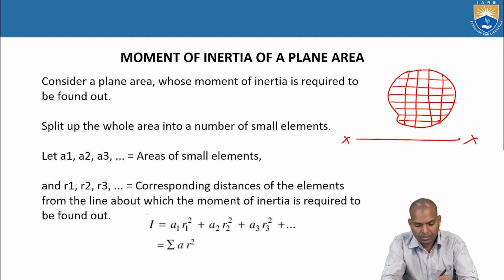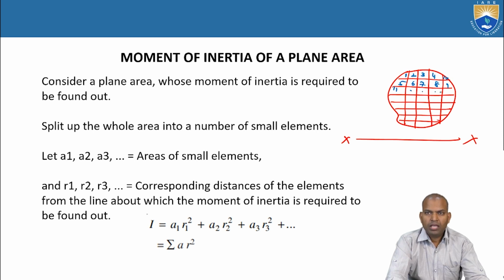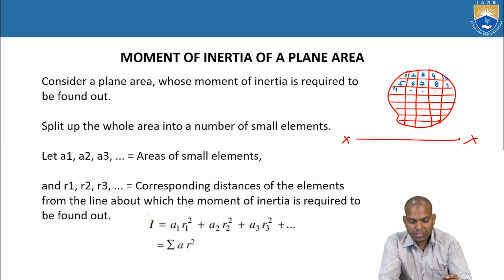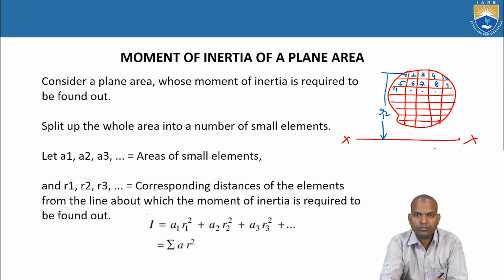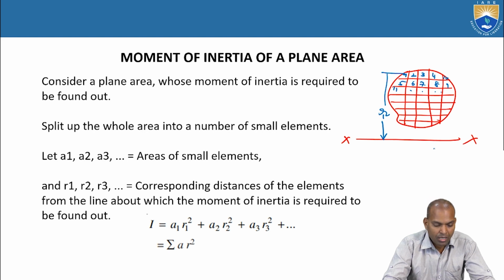Suppose this is the area of the first element, the second element, third element, fourth, fifth, sixth, seventh, eighth, ninth, 10th, 11th, and so on. And R1 is the distance of that element to the axis about which we are going to find the moment of inertia.